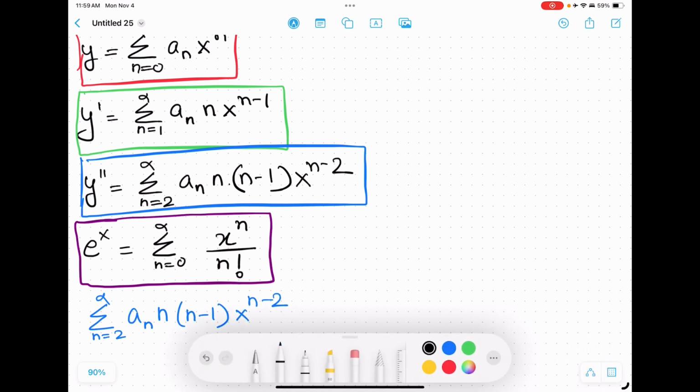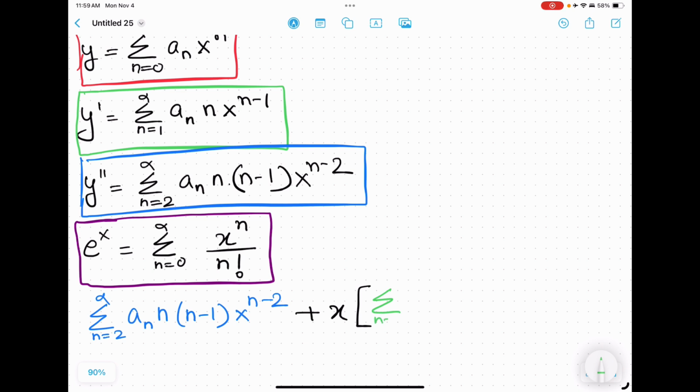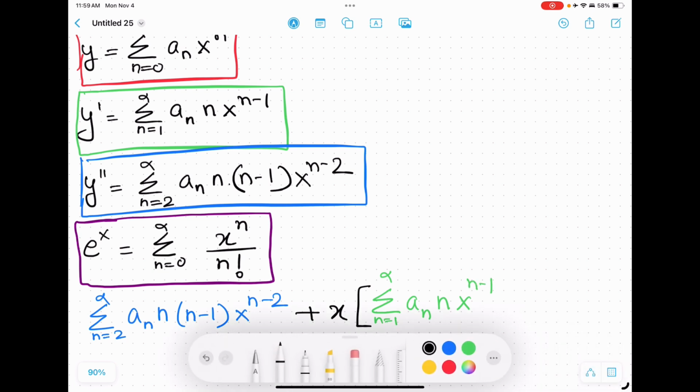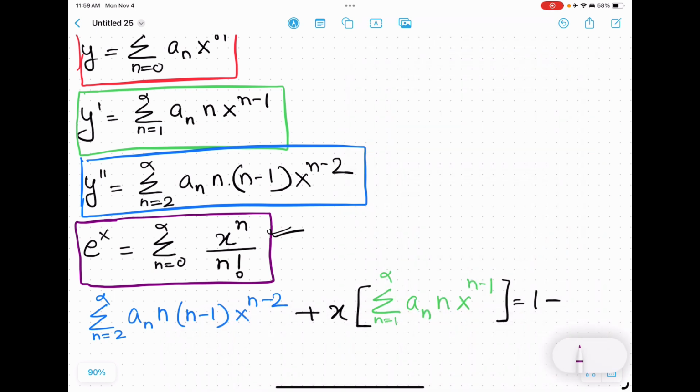And then I have a plus and then an x, and then I have my y prime, which is the summation n equals 1 to infinity of a sub n times x to the power n minus 1, in a bracket. And then I have 1 minus e to the power x. And I know that my e to the power x has the power series of this form. So I'm going to use my color marker again. So I have the summation n equals 0 to infinity of x to the power n divided by n factorial.